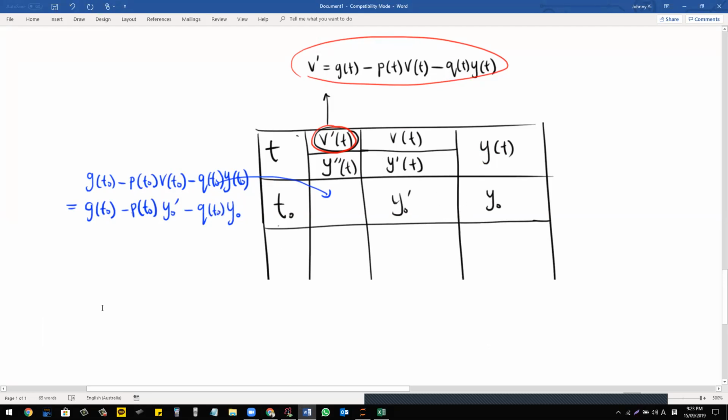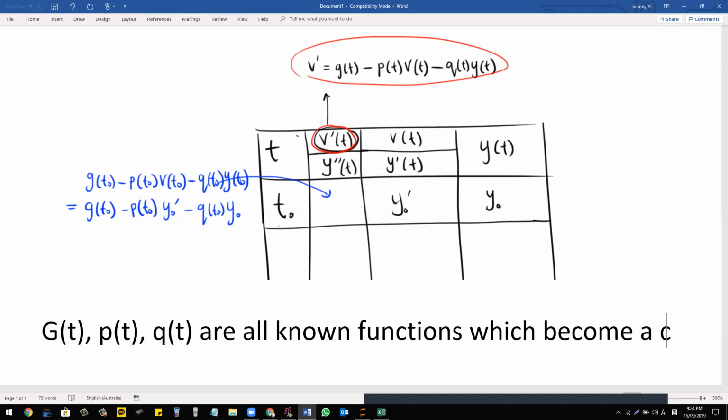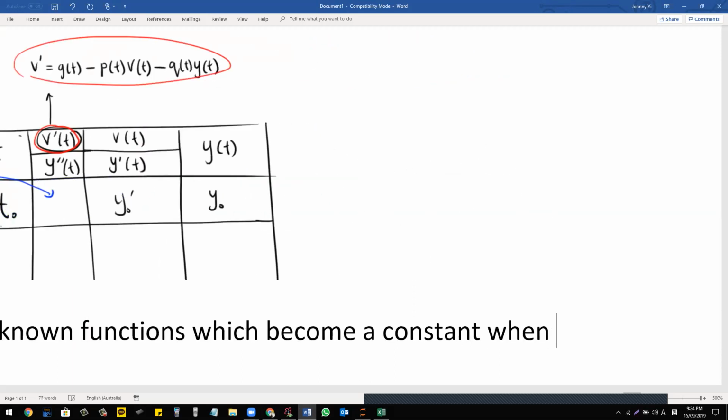So you can maybe say that g of t, p of t, q of t are all known functions, which become a constant when a value is plugged in.